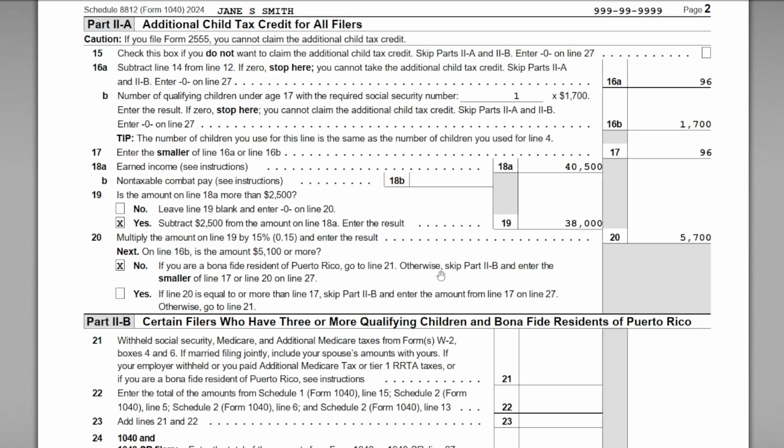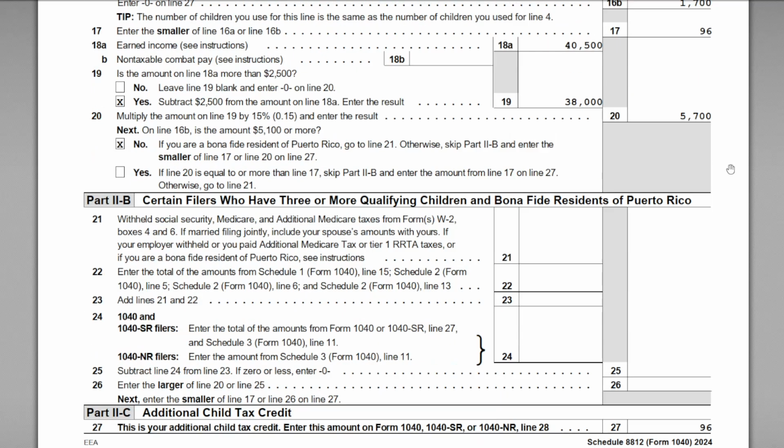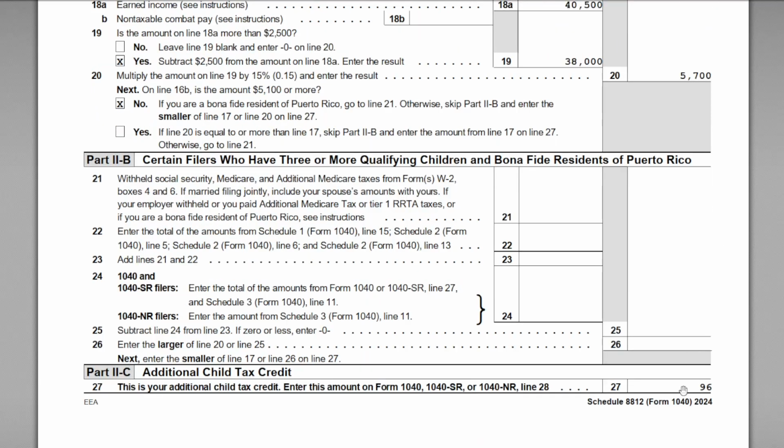So we can skip, and we're not a bona fide resident in Puerto Rico, so skip part 2B down here and enter the smaller of line 17 or line 20 on line 27. Well, the smaller amount between 17 and 20 is that $96 figure. So we're going to enter the $96 down here on line 27.